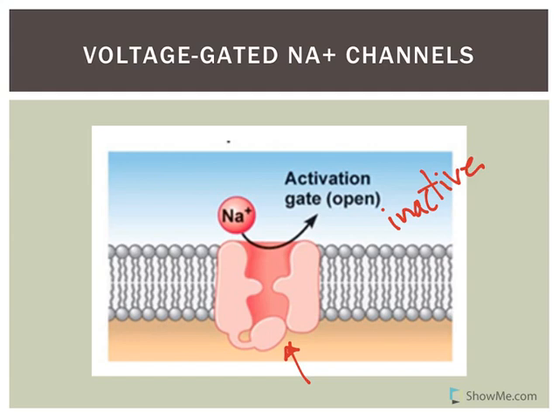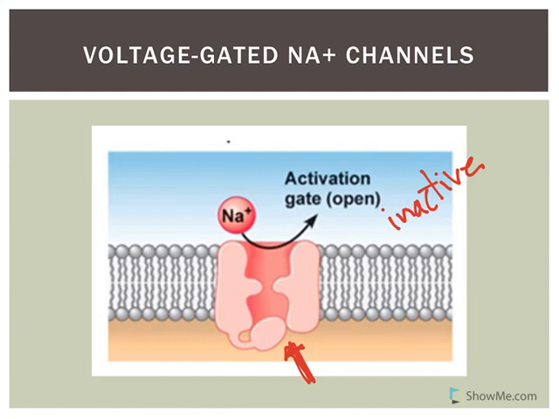Again, at a certain membrane voltage, this inactivation gate swung closed. So sodium can no longer enter the cell. So that's another configuration that it can be in. I want you to think of it as a door that has a storm door and a regular door. Both doors need to be open in order for things to move across.